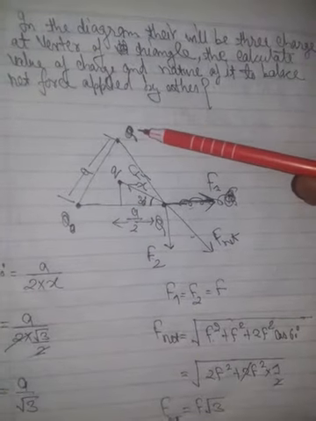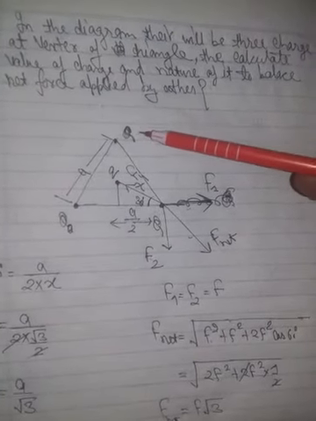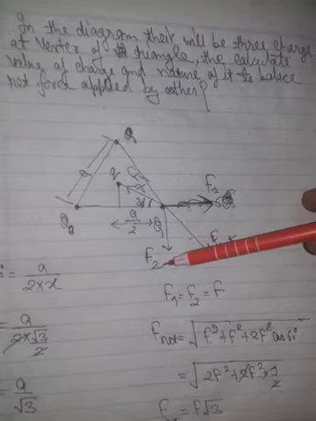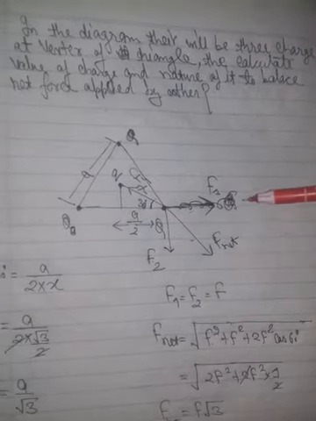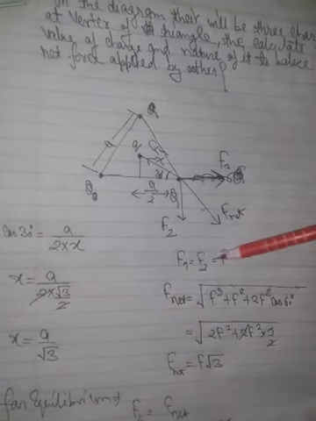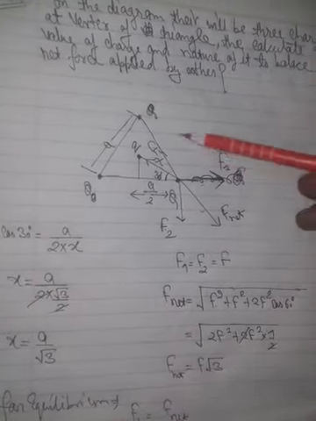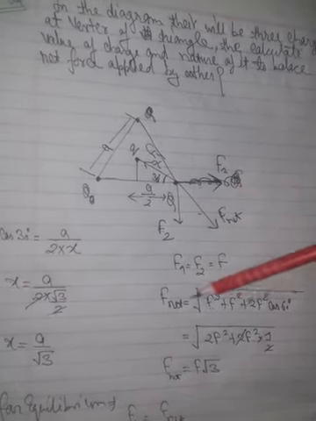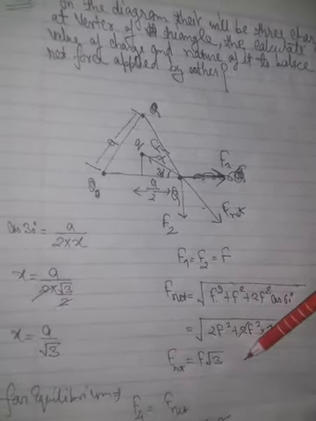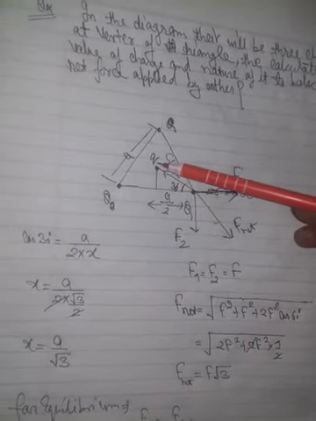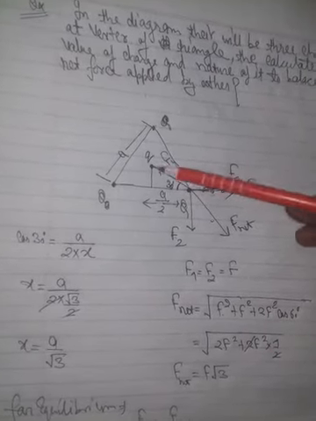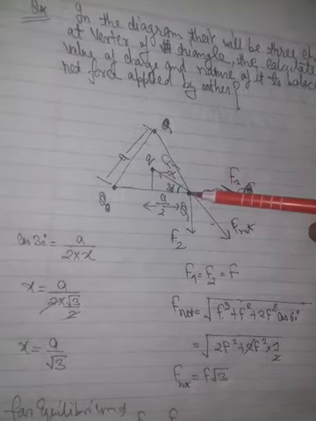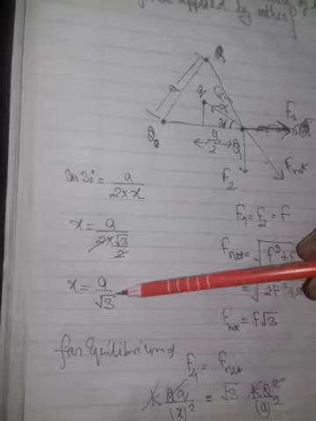The force applied by this charge is F2 and by this charge is F1, and the resultant is F1. By solving, F1 and F2 are equal because it is an equilateral triangle. The resultant value is F root 3, and for that charge the distance from the center to the vertex is x equals a by root 3.